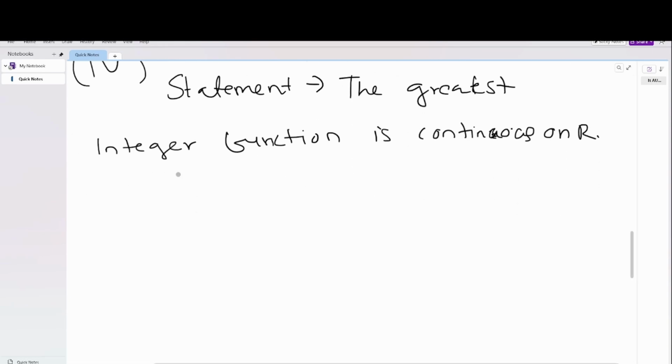Let box x be the greatest integer function.